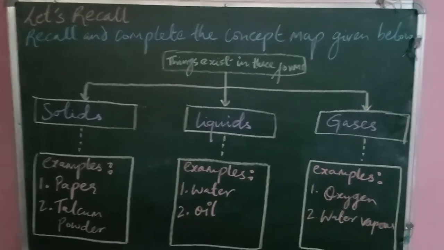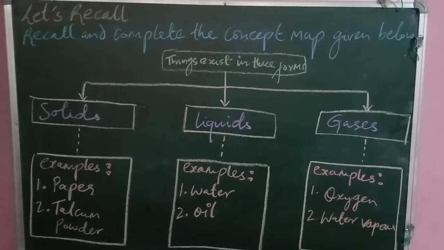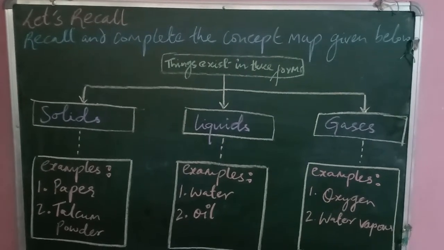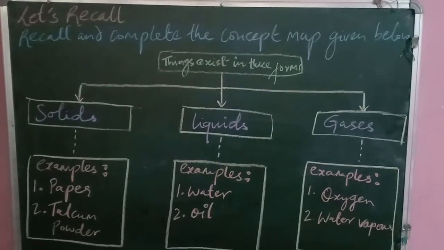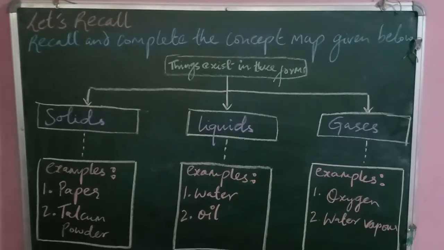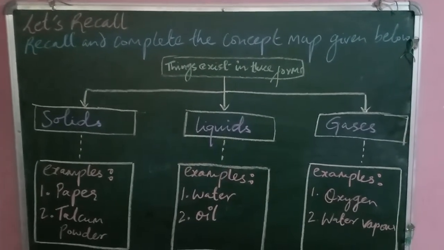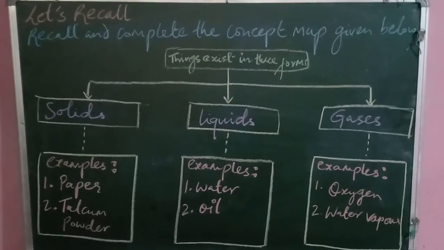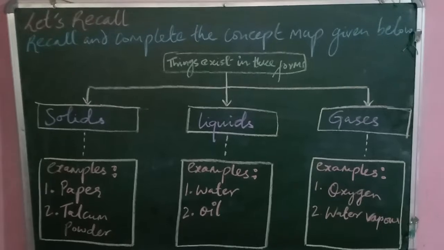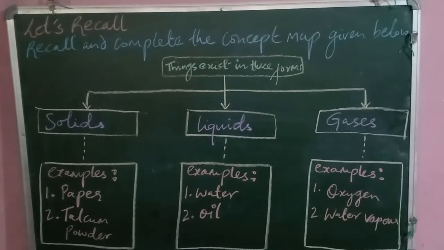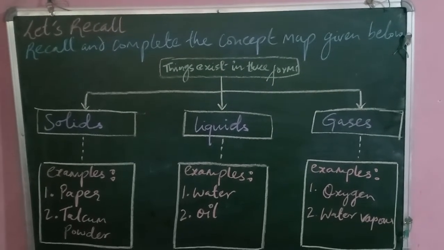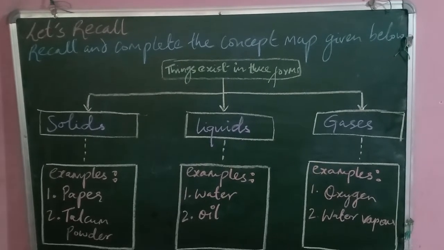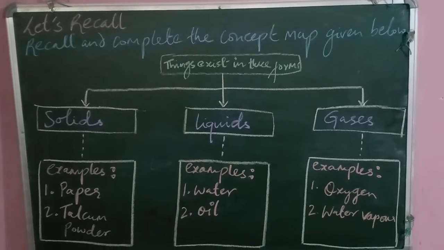For solid I have written here paper and talcum powder. For liquids I have given water and oil. And for gas I have given oxygen and water vapor. So this is how you complete this map.